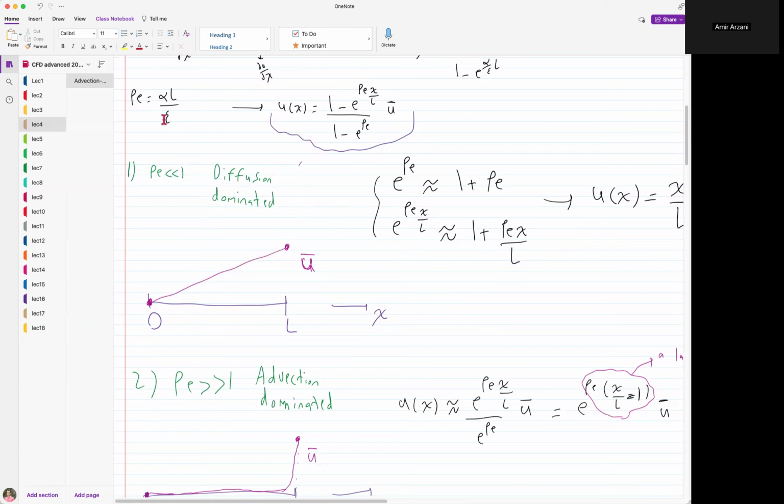So for mass transport problems of many chemicals, even at small scales, you can still get pretty large Peclet numbers.